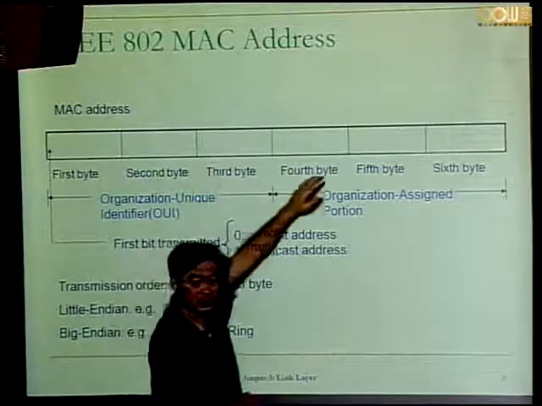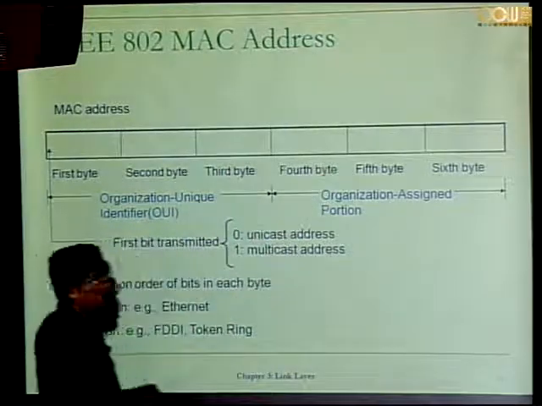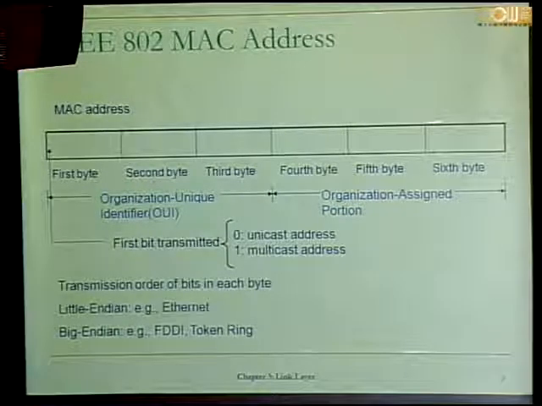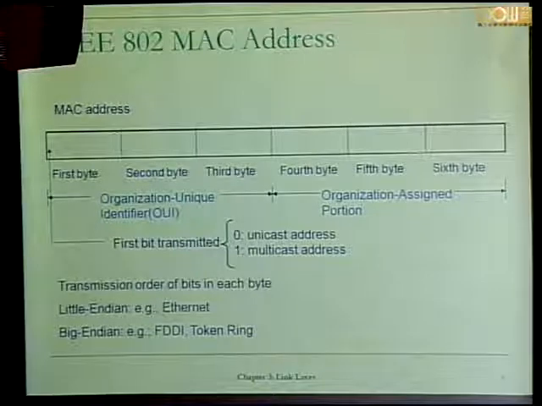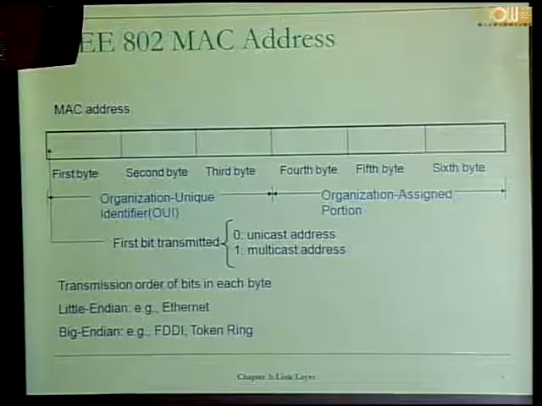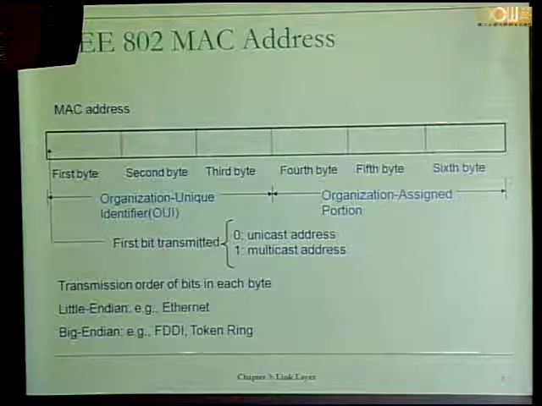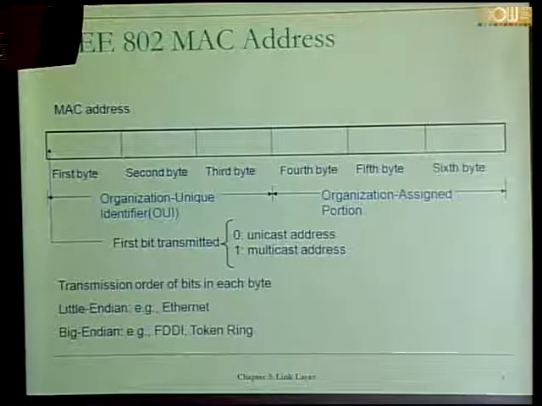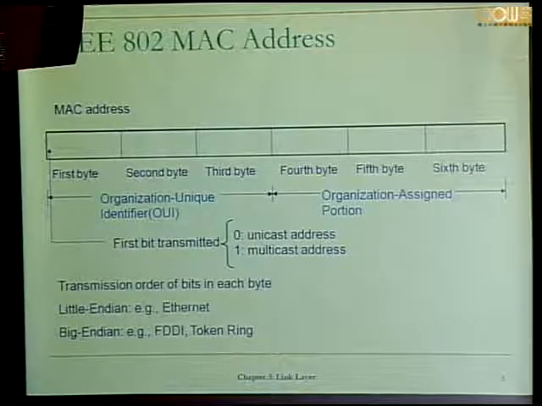So I'm transmitting in this kind of sequence. The bit sequence will be this. Okay, that's what happens in IP over Ethernet. You transmit the high order byte first, but within each byte, you transmit the low order bit first. Okay, that's the network order, bit order or byte order.